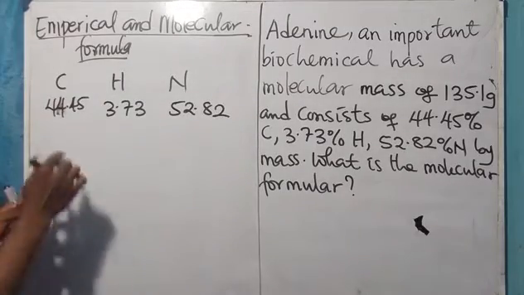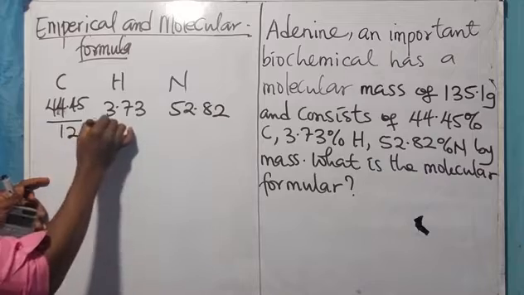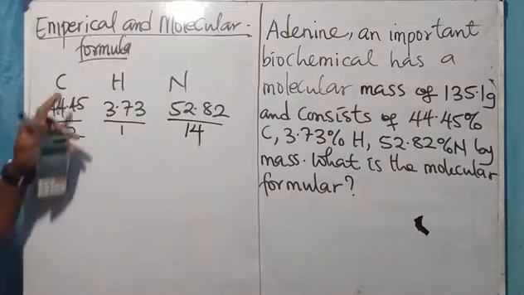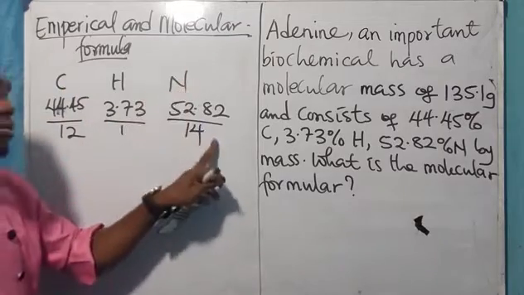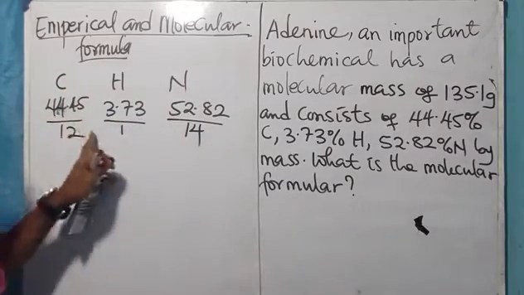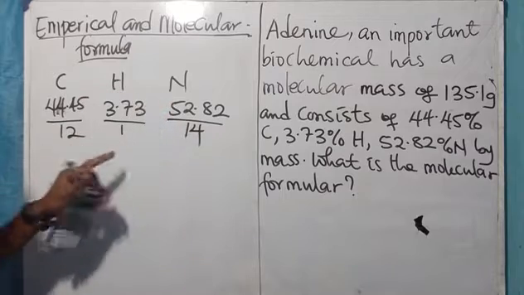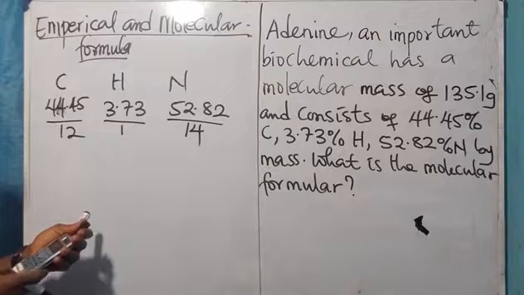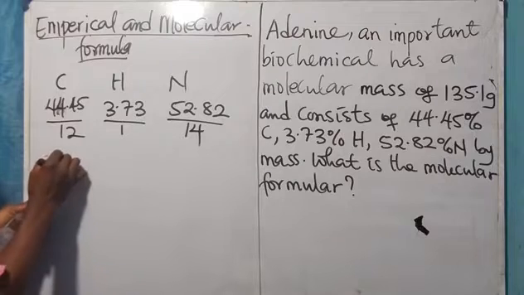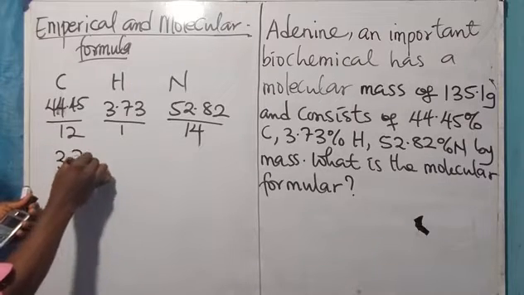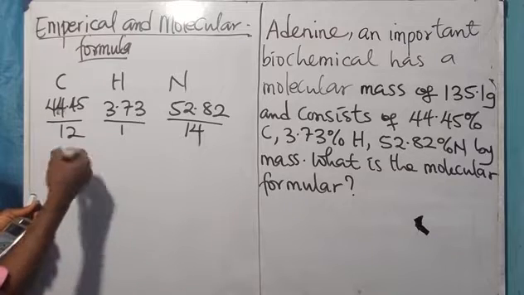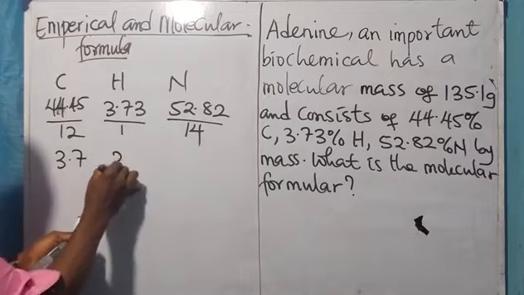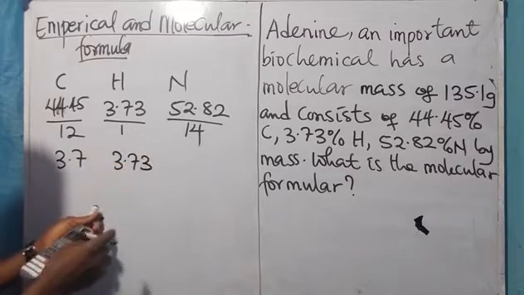Alright, so you have to divide each element by its molar mass. The molar mass of carbon is 12, hydrogen is 1, and nitrogen is 14. So let's go. 44.45 divided by 12 is about 3.70, or let me just leave it as 3.73.